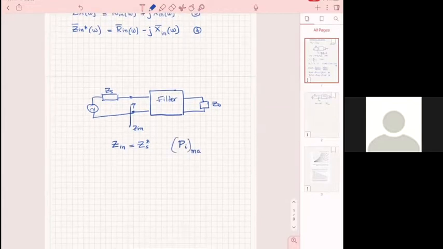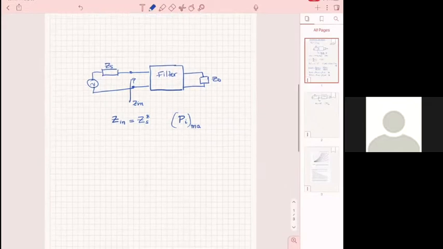So this is going to be the maximum available. Now, I wanted to tell you, therefore, that even if we have assumed that, what enters, the real power that enters into our filter, is the maximum that can become available from the source.